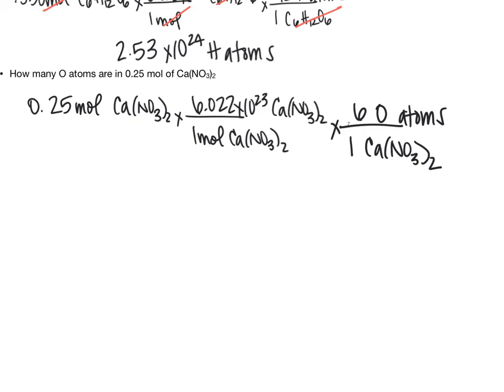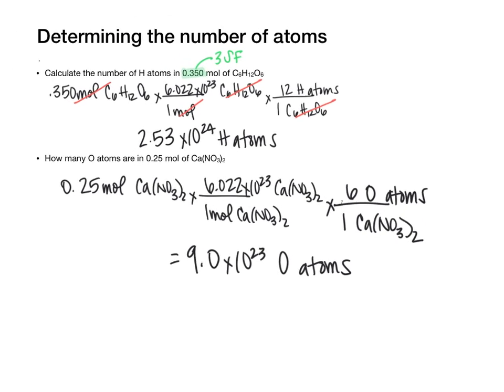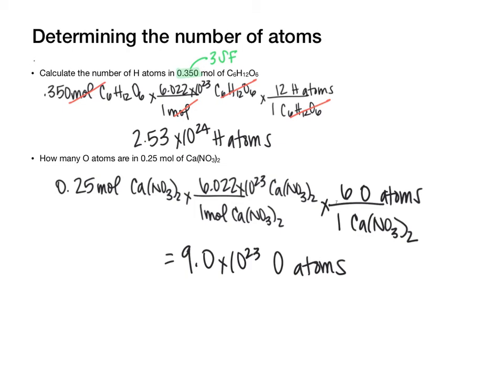It gets a little confusing with oxygen because it looks a little bit like a number. When we plug this into our calculator, we get 9.0 times 10 to the 23rd O atoms. So we can just plug those into our calculator and then go from there. So we can now convert from moles to atoms very easily.